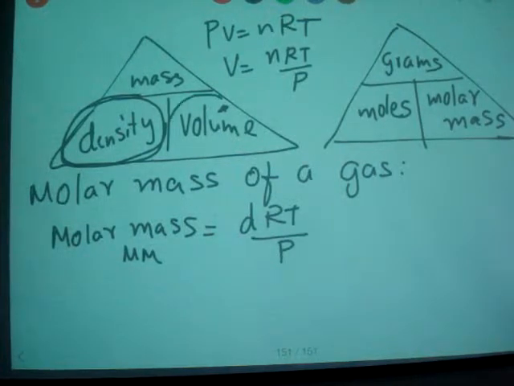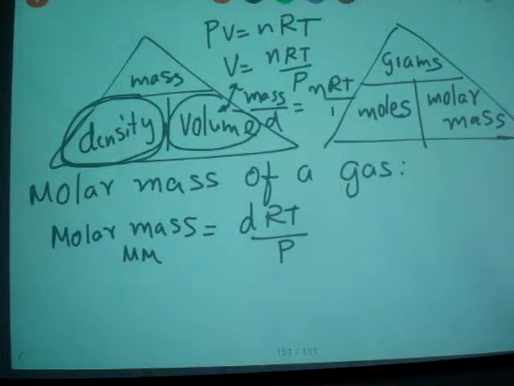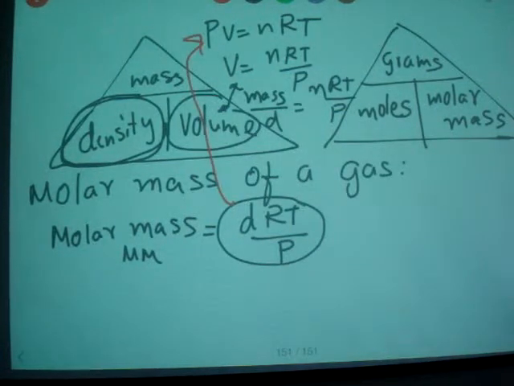So if we write the volume in terms of mass divided by density, it's nRT divided by P. I'm just explaining where this equation comes from. It originates from here. We express volume as mass divided by density, and for moles, it's going to be mass divided by molar mass. This is grams, so mass divided by molar mass.